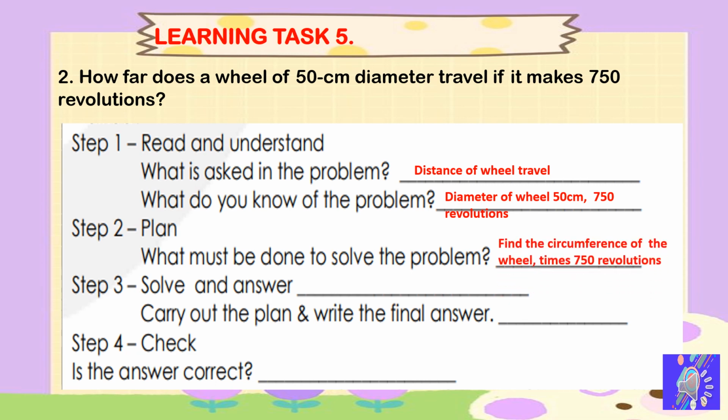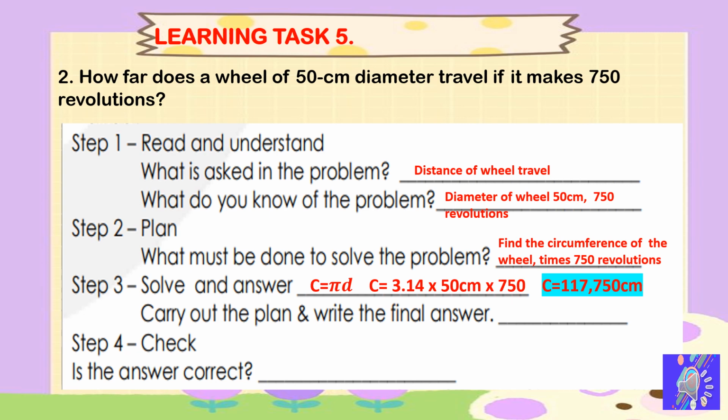Now what must be done? Find the circumference of the wheel times 750 revolutions. And the given is diameter, so we will use the formula circumference equals pi d. Okay, and let us compute.